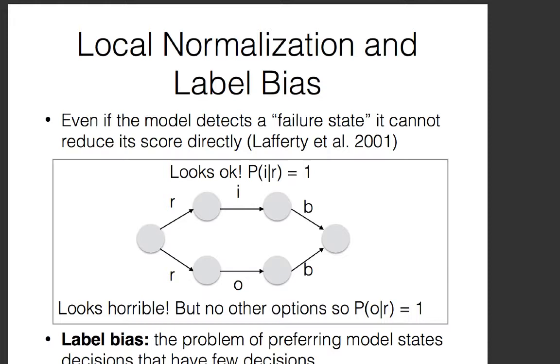So let's say we have B and we have R, and then we have A, and then we have U, and then we have D, and then we have E, and then we have D. So here we have 2 decisions after B, and we have 1 decision after R. And basically, after B, we'll be splitting the probability between these decisions.